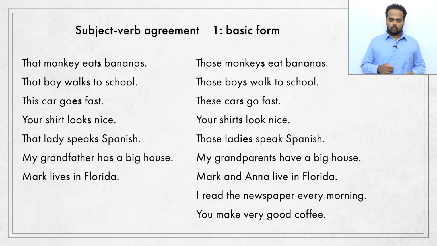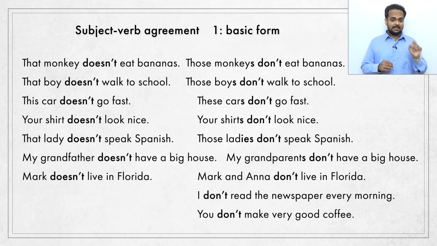Let's get back to the full sentences. I've added our two new sentences with "I" and "you" at the bottom. The basic subject-verb agreement rule, singular verb for singular subject and plural verb for plural subject, also applies to negative forms. We say, "that monkey does not eat bananas" or "doesn't eat bananas."